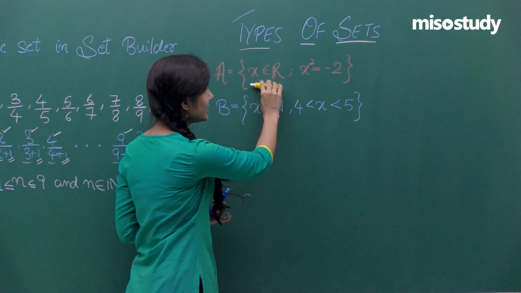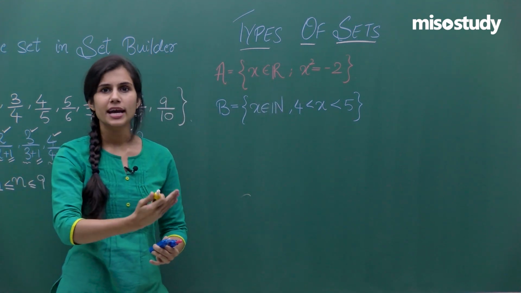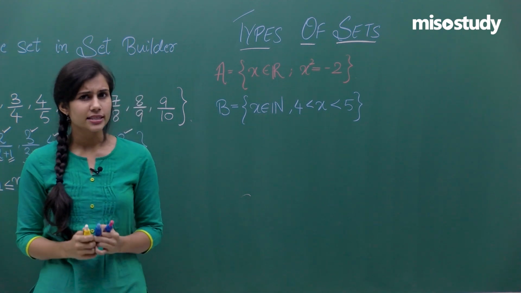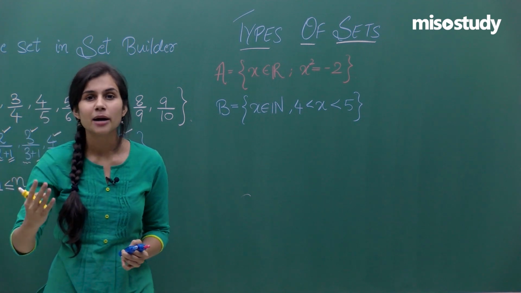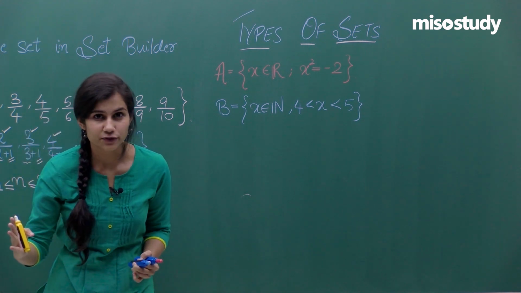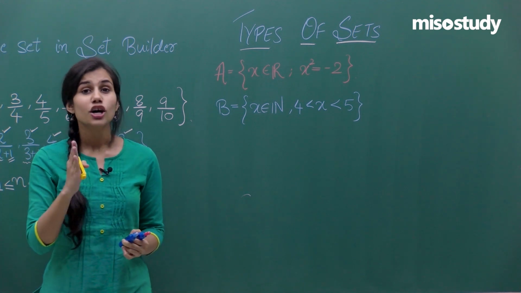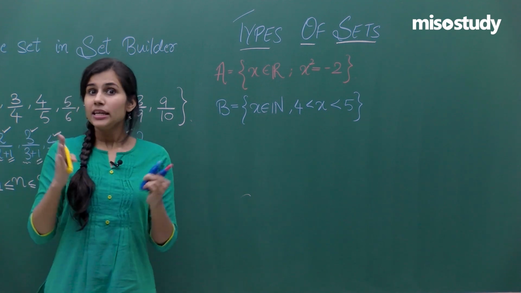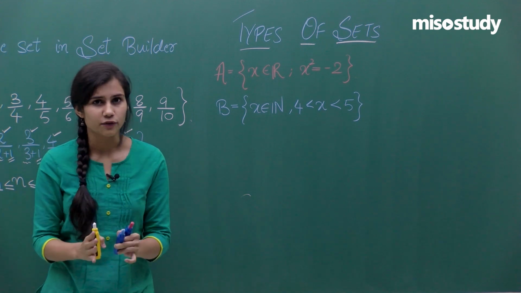This particular set is asking for such real numbers whose square is -2. Well, if any real number is considered, once you square it, it becomes non-negative. Square of any real number is non-negative, by which I mean that it can be either 0 or strictly positive.